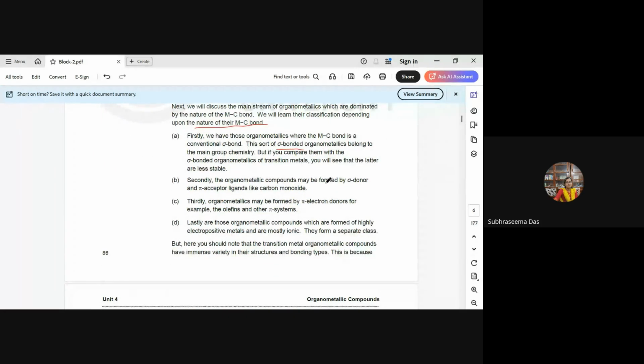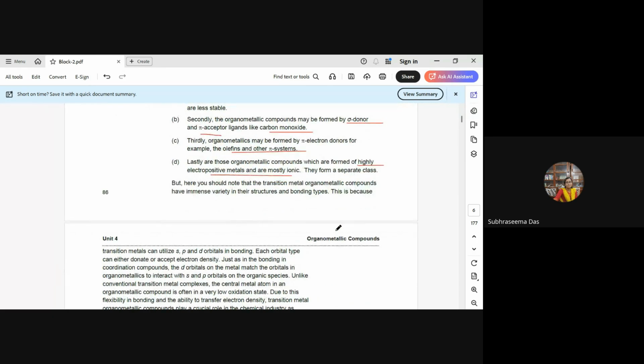Secondly, the organometallic compounds may be formed by sigma donor and pi acceptor ligands like carbon monoxide, or the carbonyl ligands. Thirdly, the organometallics may be formed by pi electron donors, for example, the olefins and other pi systems. And lastly, organometallic compounds can also be formed of highly electropositive metals, and they are mostly ionic in nature, and they form a totally different class of organometallic chemistry.